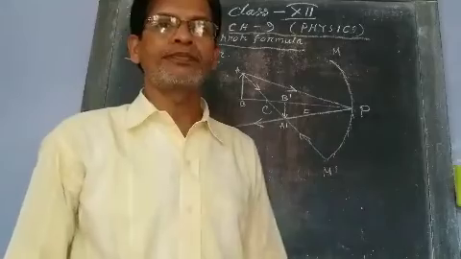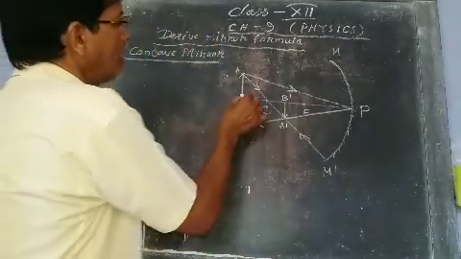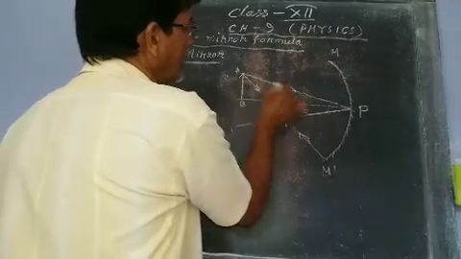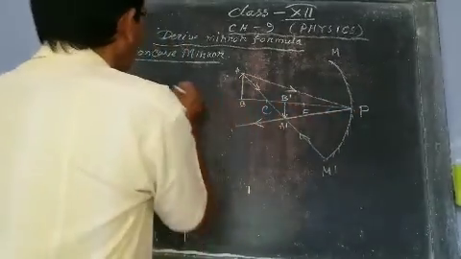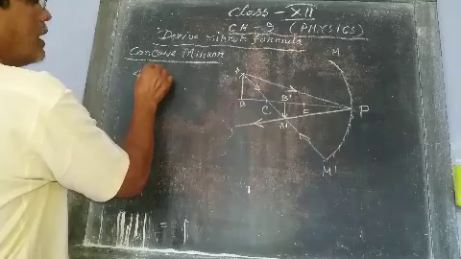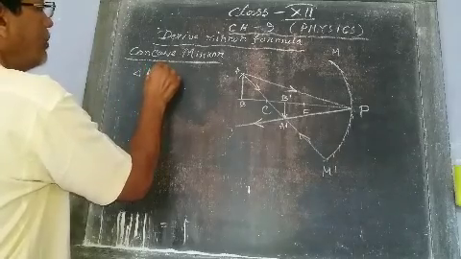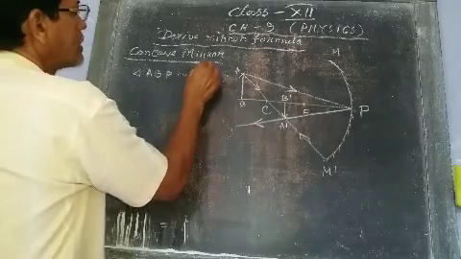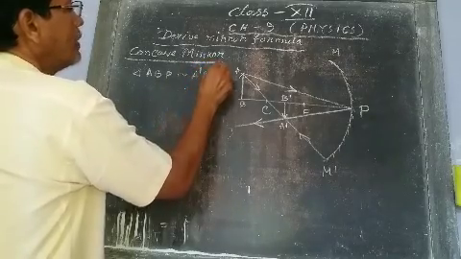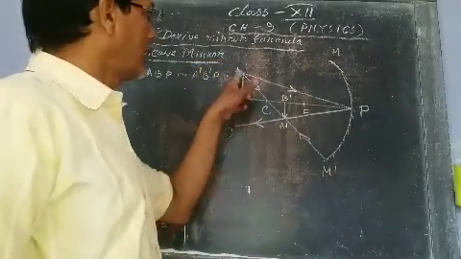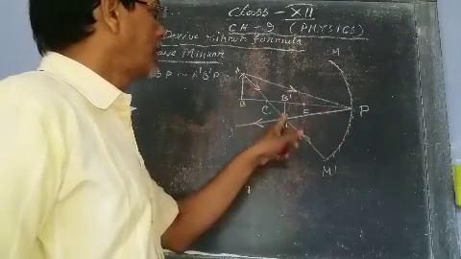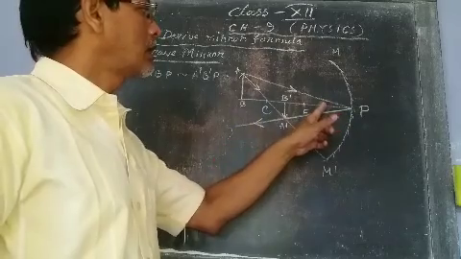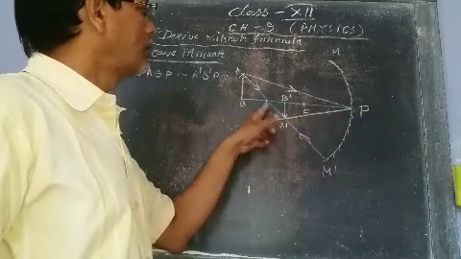Now you see this triangle ABP and triangle A dash B dash P, they are similar, because these two are 90 degree angles, and this angle equals this angle.